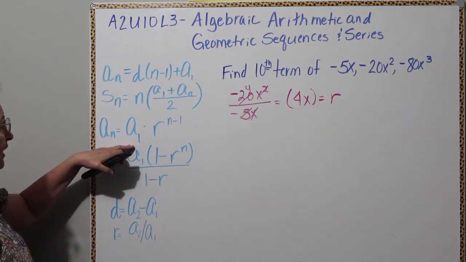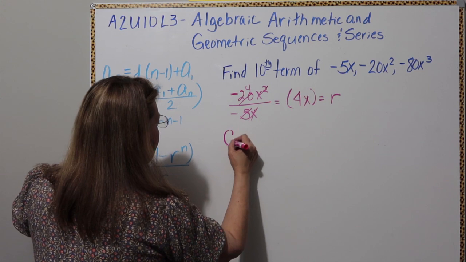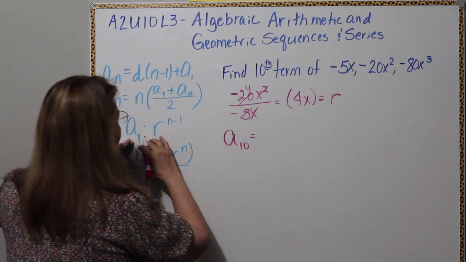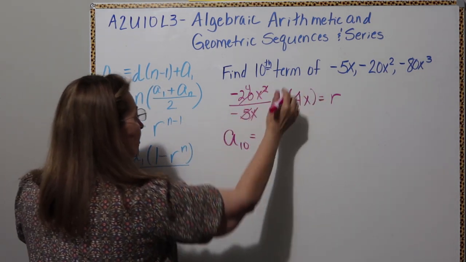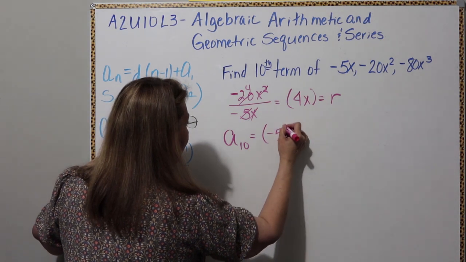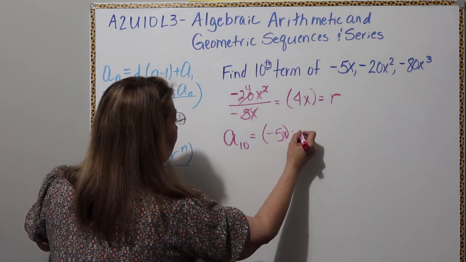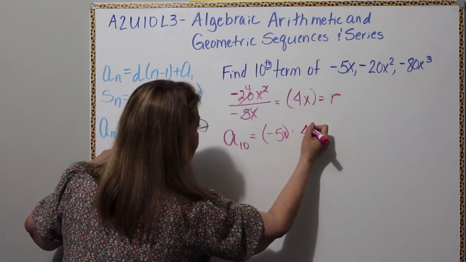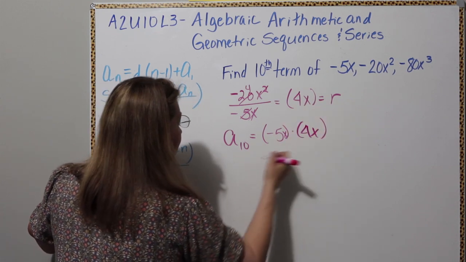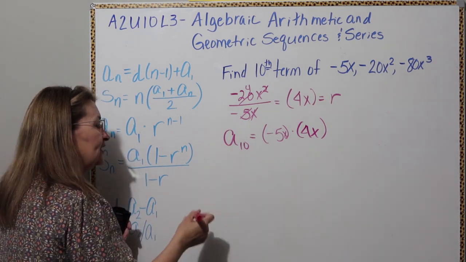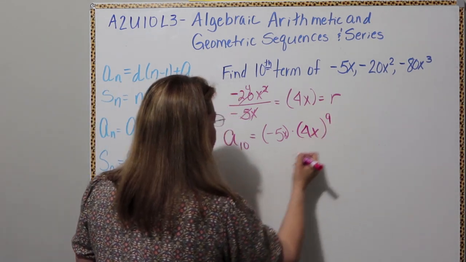So now let's fill in. I'm looking for A10. My A first is my first term. So I have negative 5x times r, which is 4x, to the n minus 1. Well, if n is 10, this is 9.